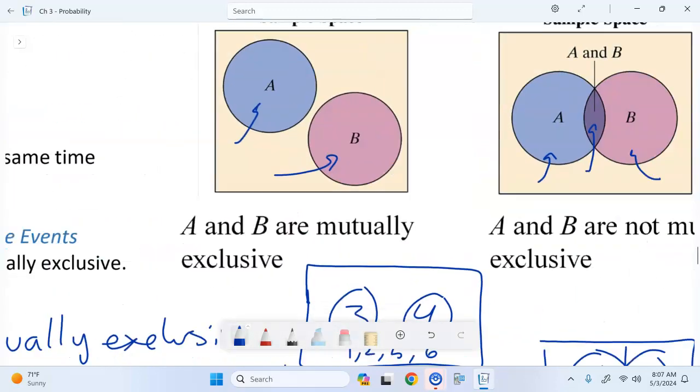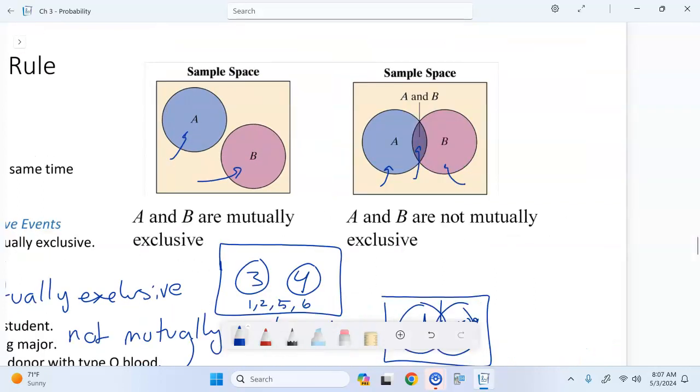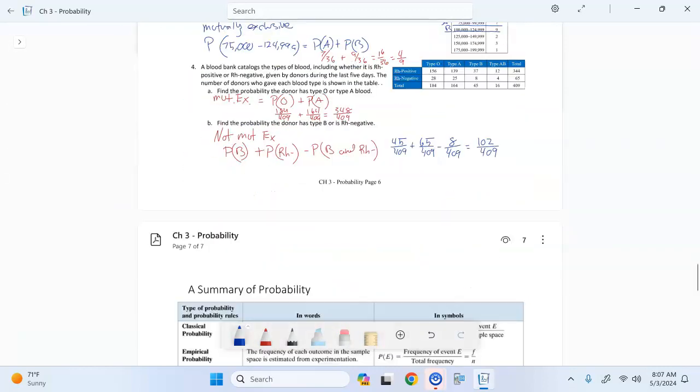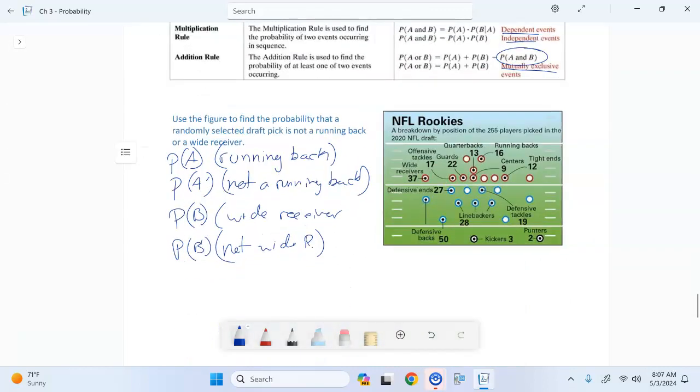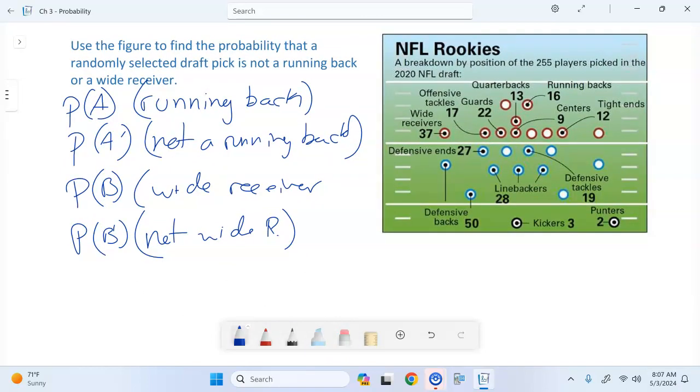If you can be both, not mutually exclusive. It is technically like a double negative, so it's a little weird, but that's what you've got to focus on. If it can't happen together, they are mutually exclusive.